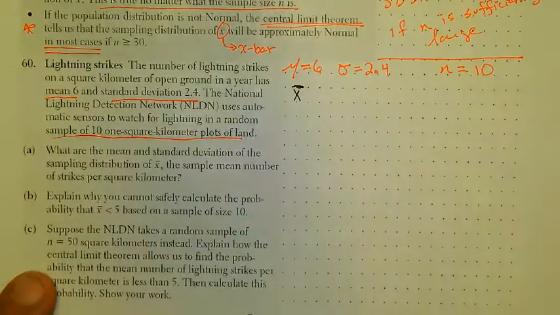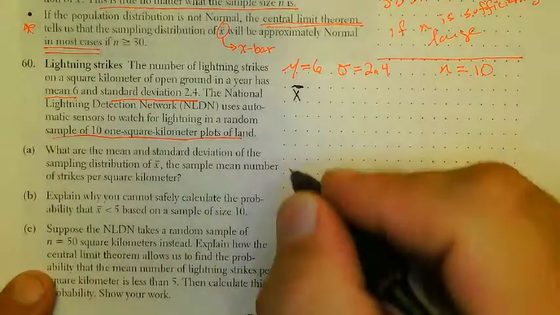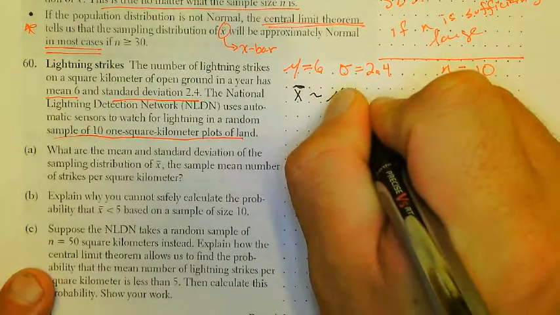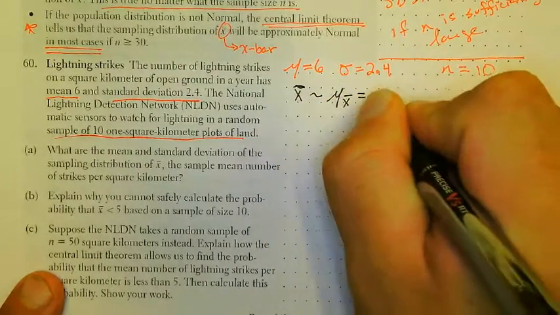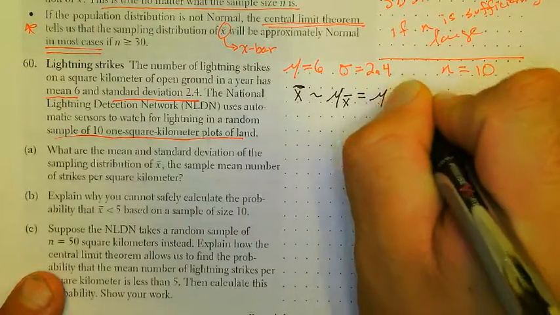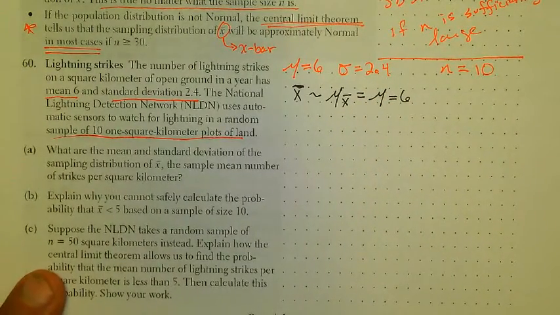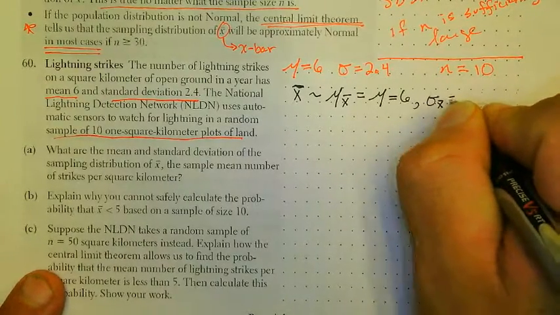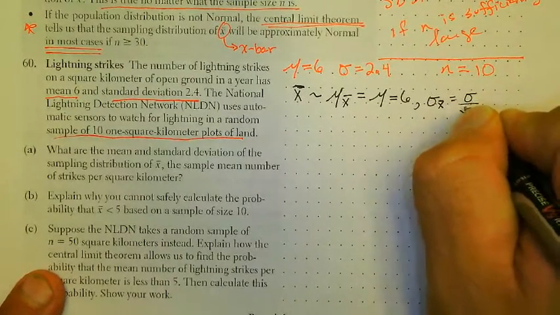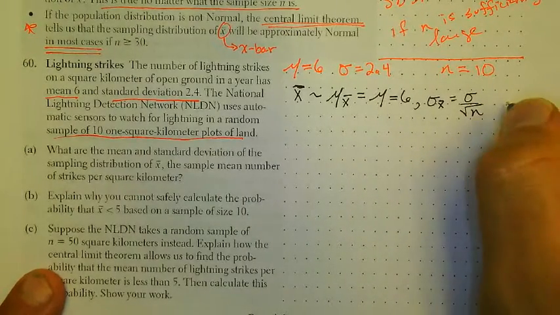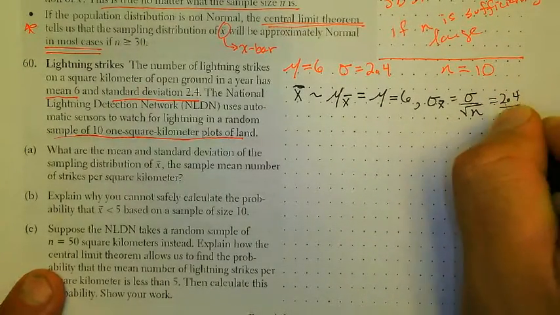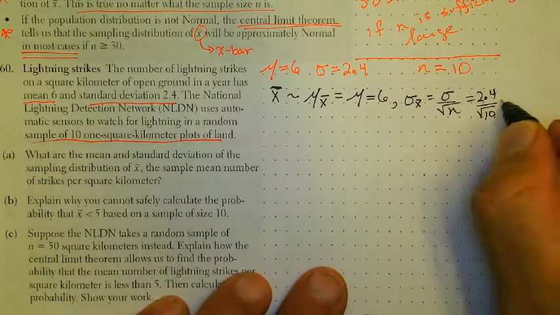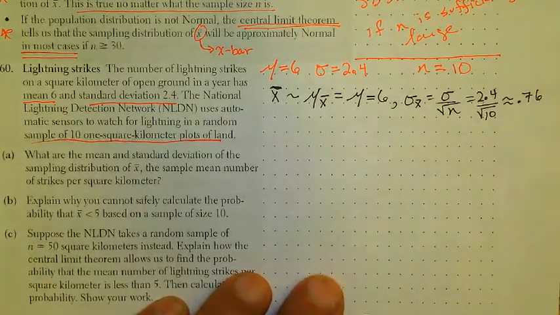We're asked about this distribution, and so we know mu sub x bar is simply going to be mu, which is 6, and sigma of x bar is going to be sigma divided by the square root of n, which is 2.4 divided by the square root of 10. If we put that into our calculator, you should get an answer of about 0.76.